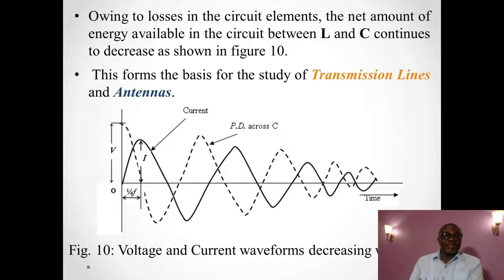So owing to these losses in the circuit elements, the net amount of energy available in the circuit between the inductor L and the capacitor C continues to decrease as shown in figure 10. If you look at it, you see that the first oscillation, or the amplitude, is higher and it continues to thin out with time towards the right.